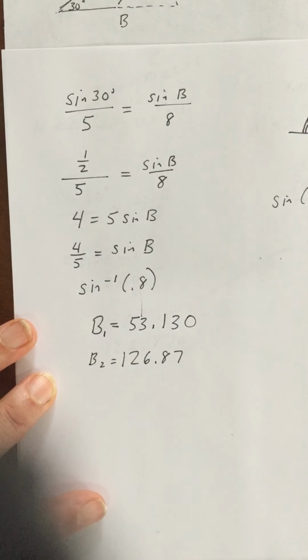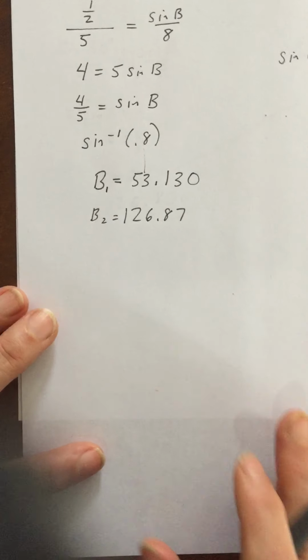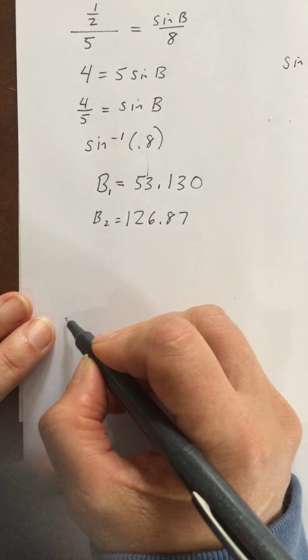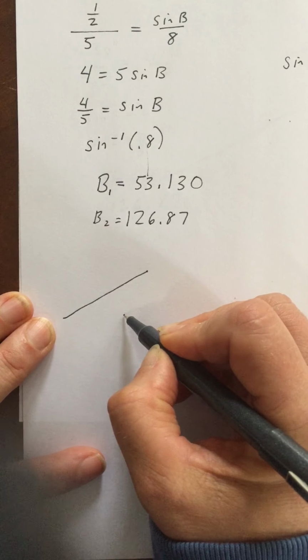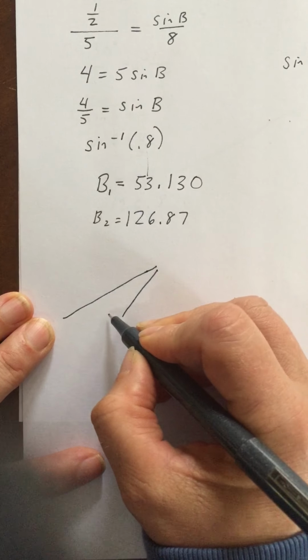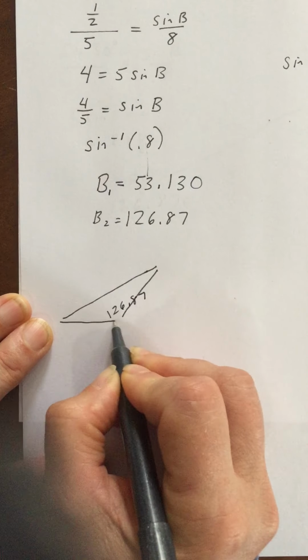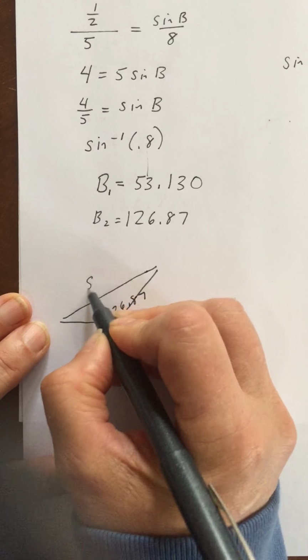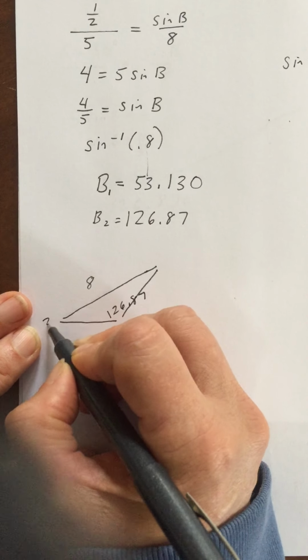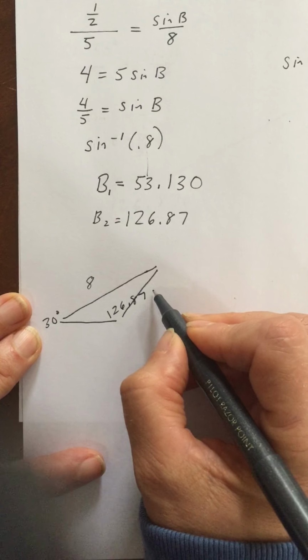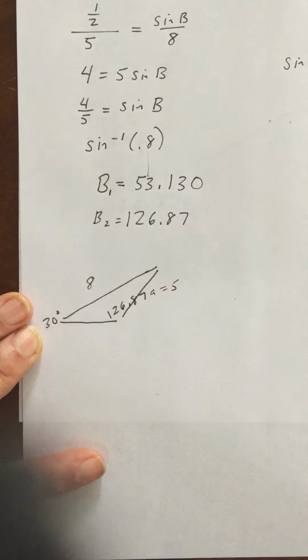Okay, so basically what's going to happen in your two triangle drawings, let's go ahead and draw them out. One of them is going to have the 126.87, like that, and all the other information still stays the same. Then that's a 30-degree angle, and A is 5 for this one.